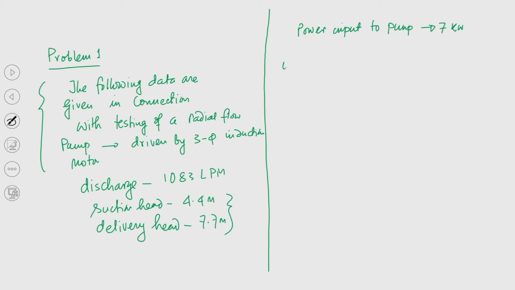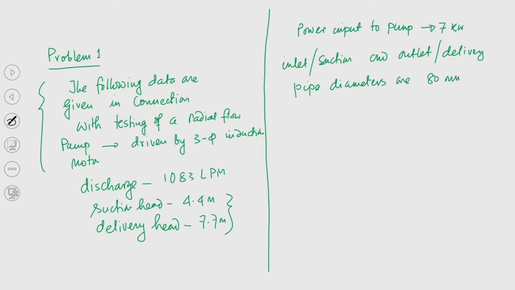And given inlet, I am writing suction, and outlet, delivery pipe diameter, are 80 millimeter and 65 millimeter respectively. Okay.